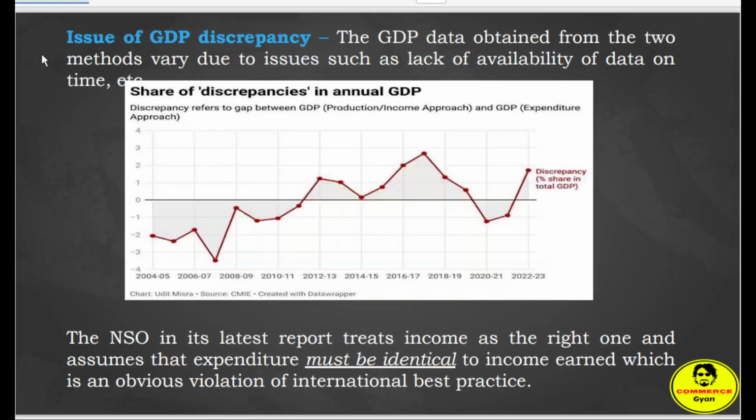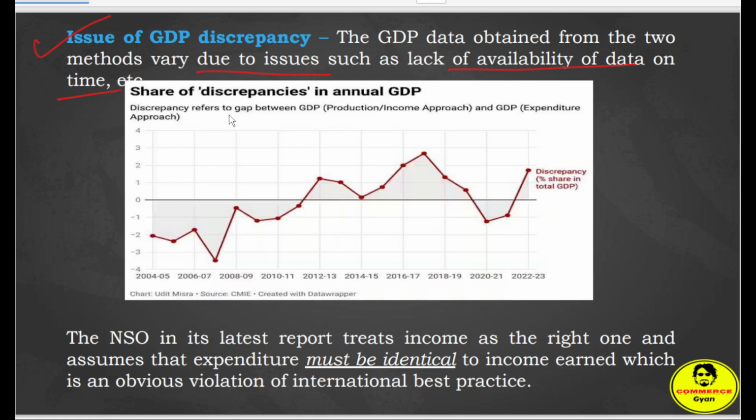The second issue related to the controversy is the issue of GDP discrepancy. So GDP data obtained from the two methods vary due to issues such as the lack of availability of data on time. When we get different data from different sources, it also creates some discrepancy.